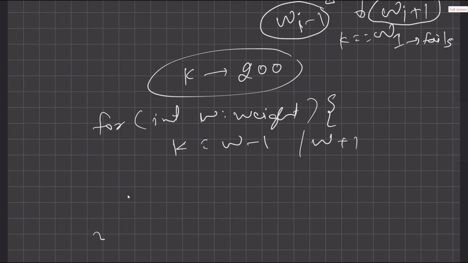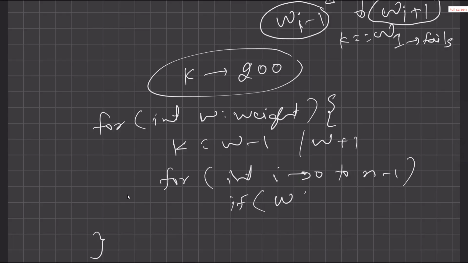Now the logic inside: we have to check from i equals 0 to n minus 1, if the weight of i is equal to k, which means our operation has failed. So we'll have a boolean variable saying it's not a valid one, so I'll make validity false, and then I'll break out.